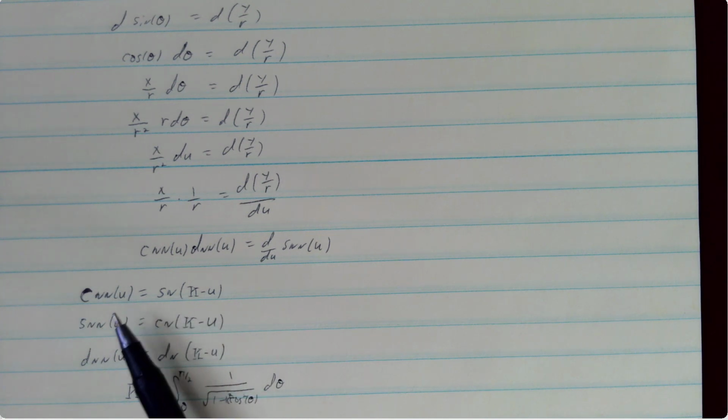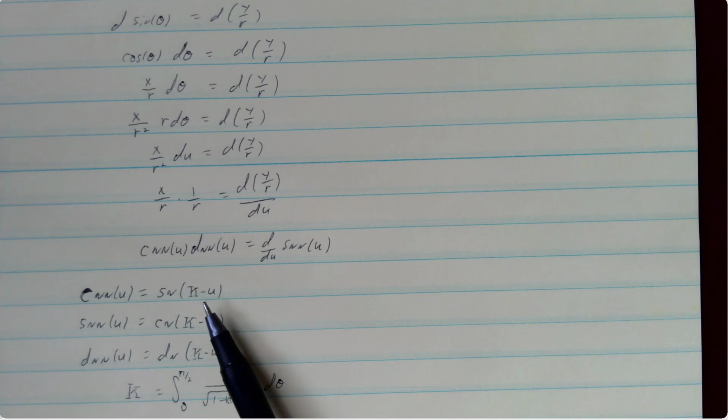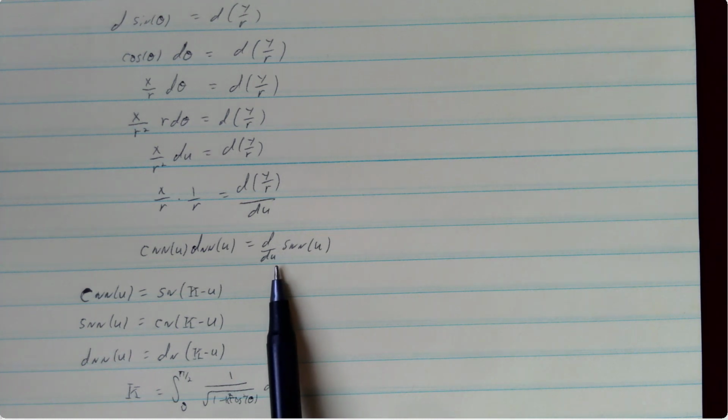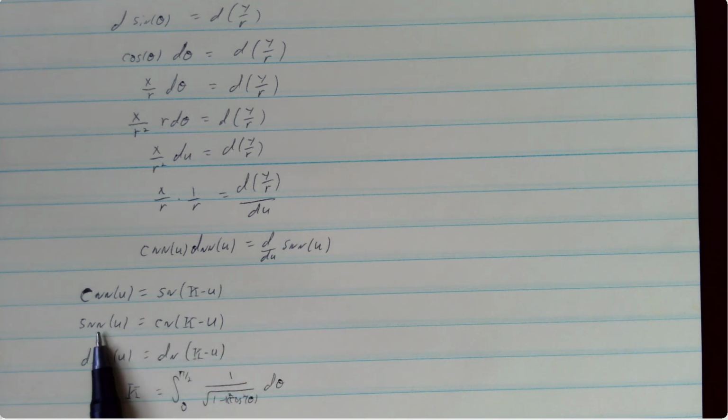How I just defined the Cn is actually what the true Sn is, but of k minus u. In fact, you can check the derivatives this way. If I want du of how I define the Sn, so I distinguish it with Snn, it would be like differentiating this function. And what's the derivative of Cn of something?